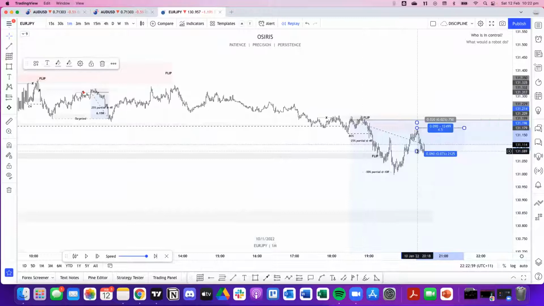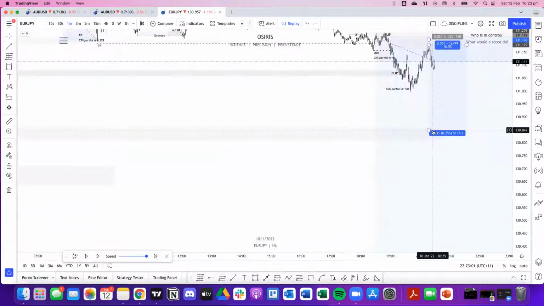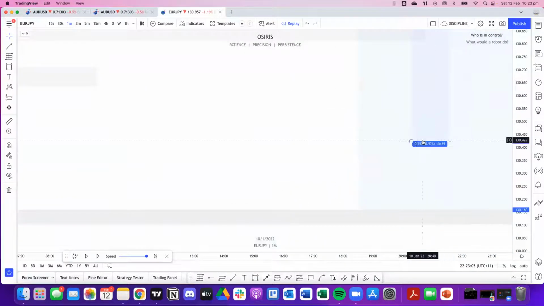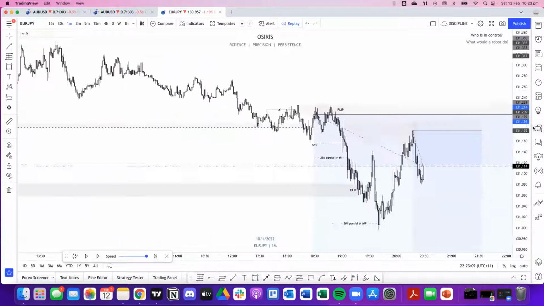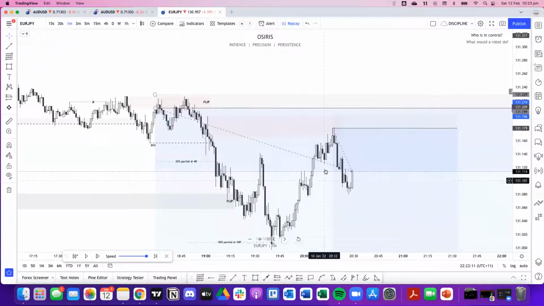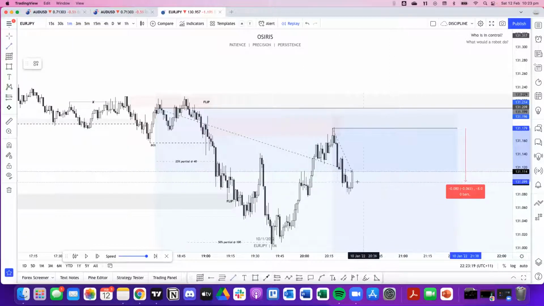And then again, the same rules apply with my partial taking. Overall, we'll be looking at that. 8 pips is for my risk is 2 pips.